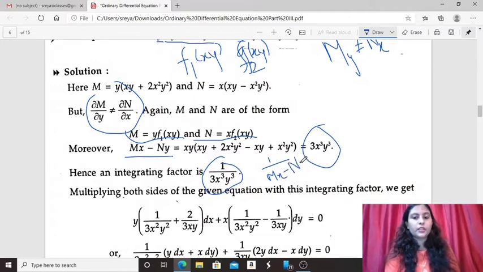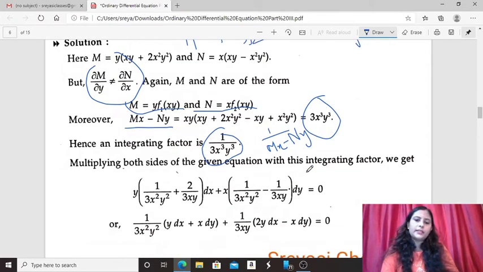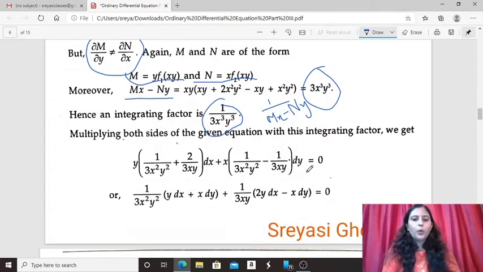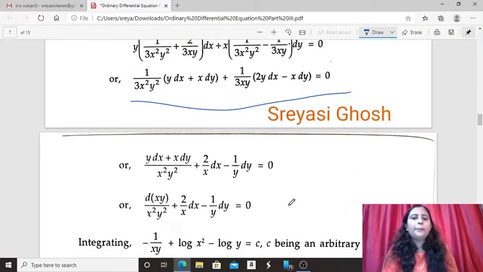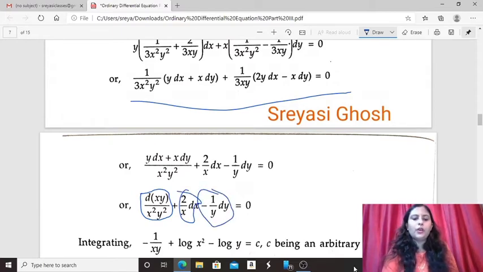Don't get confused between the two. Multiplying with the integrating factor all throughout the equation, we will get something of this form. We can check it, and simplifying it further, we get it in the form of d(xy) divided by x²y² plus 2/x dx − 1/y dy = 0.